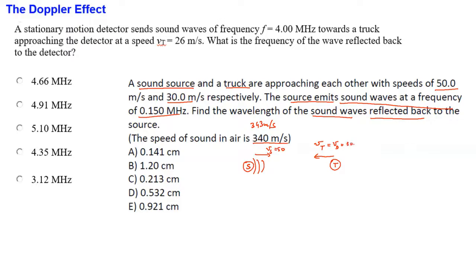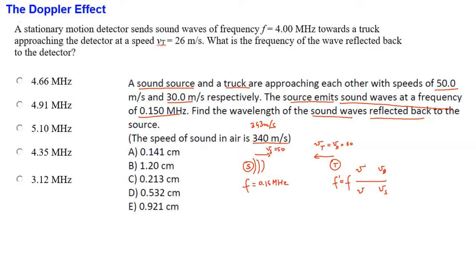So it's 30 meters per second. So I give you here the true F, 0.15 megahertz. So what will be F prime here, heard by the track? F prime will be F, (V plus Vd) over (V minus Vs).